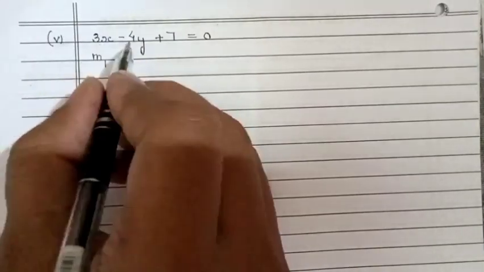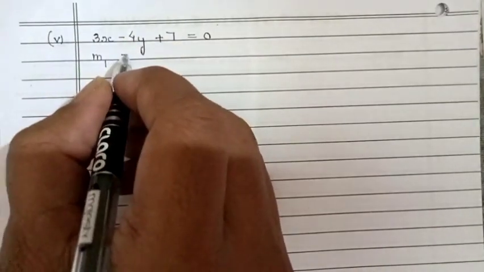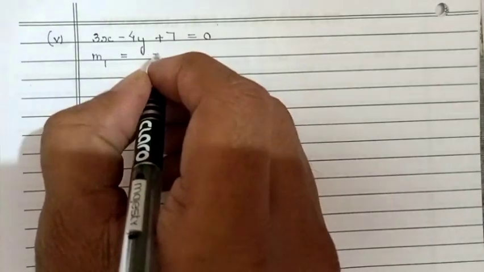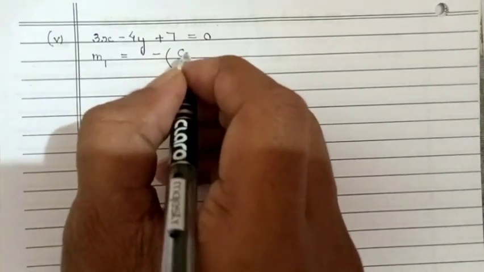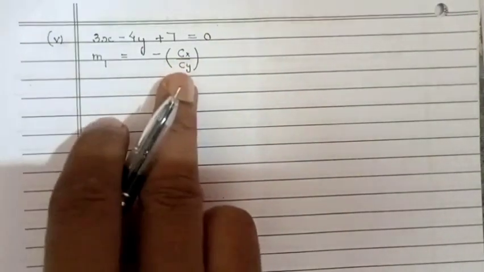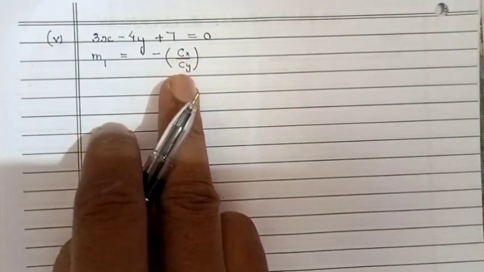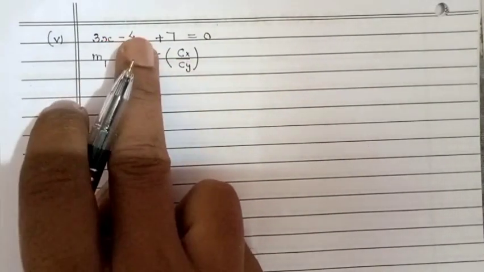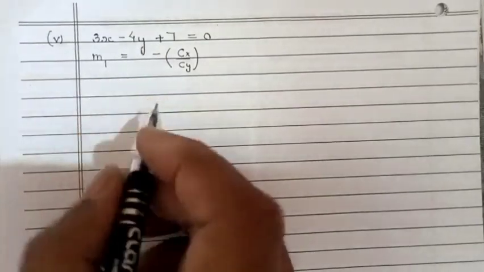When the equation is given, to get the slope you can use the formula negative coefficient of x upon coefficient of y. But remember, while using this formula, make sure the x and y terms are on the same side, either both on the left or both on the right side of the equation.